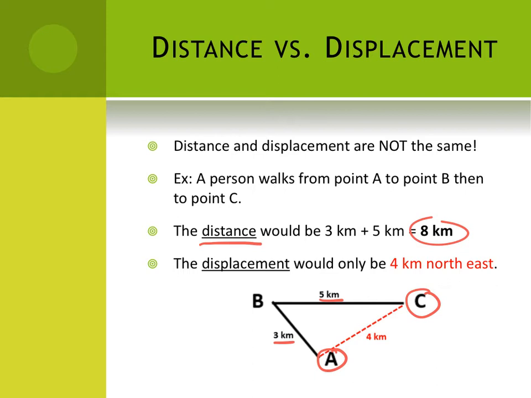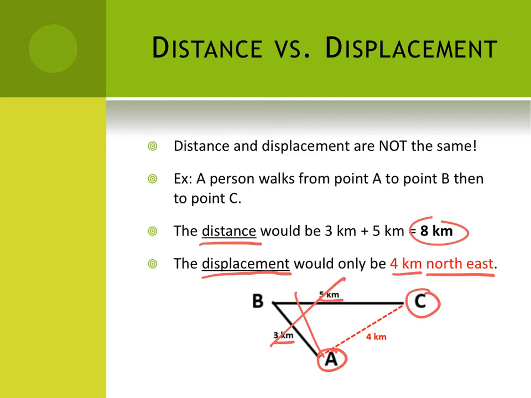We don't care about all the stuff that happened in between. And so from our point A to point C, the most direct route is 4 kilometers, and our direction would be, C is northeast of A. So it'd be 4 kilometers northeast. That would be the displacement. So see how 4 kilometers and 8 kilometers, they're not the same.